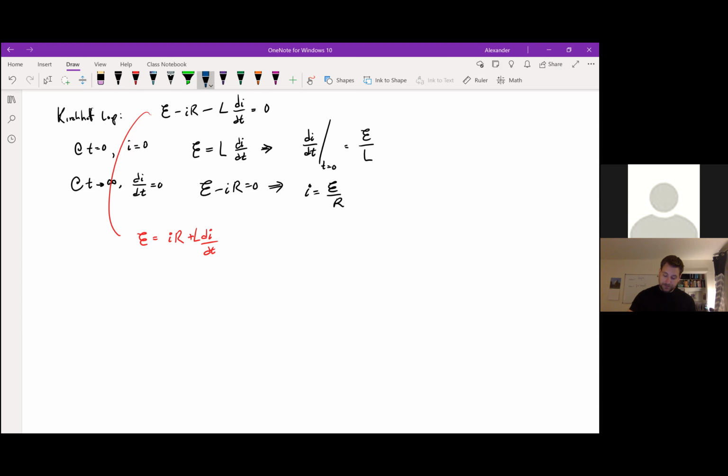Another way might be, but the trick is we'd like to get the current and its differential on the same side of the equal sign.